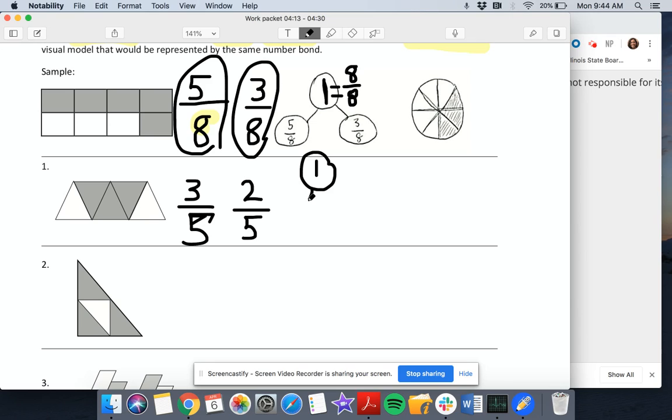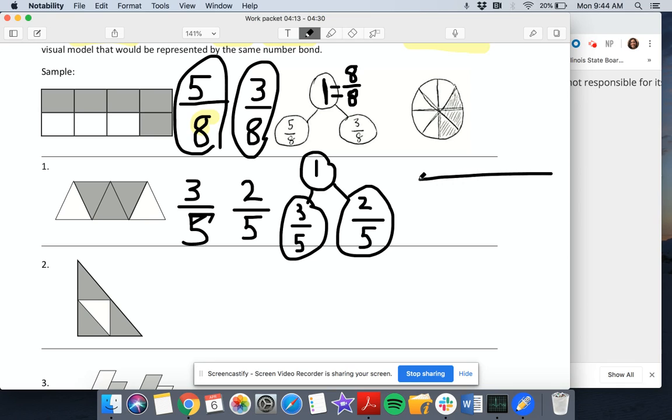So in this number bond, we would put 3/5 to represent the shaded, and then 2/5 to represent the unshaded or not shaded. Because this shaded plus unshaded comes together to make just one figure. Okay, because we're just dealing with one figure. And if we wanted to, let's say, rewrite this in another figure, we could totally do that.